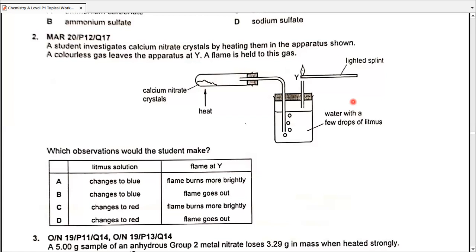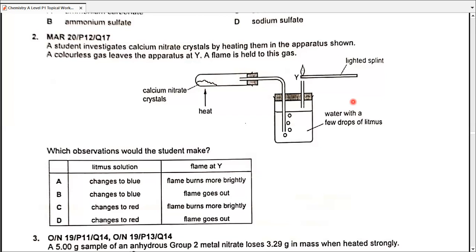That's not true. Why? Because calcium nitrate is solid as well as calcium oxide. What can pass on to the other side through the delivery tube must be a gas. Now, there are two gases being made over here, oxygen and nitrogen dioxide. Oxygen is not going to bring any difference to the acidity of the solution, but the pH change definitely is caused by NO2, which is an acidic gas.